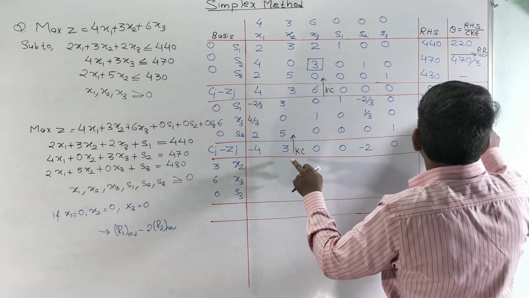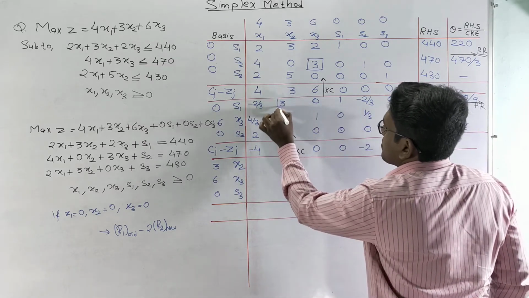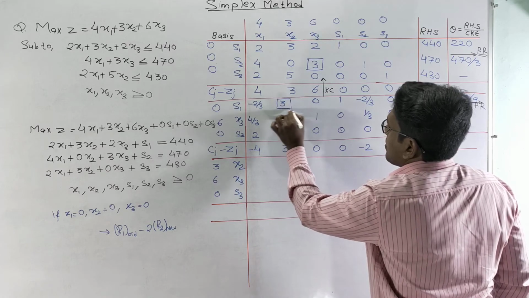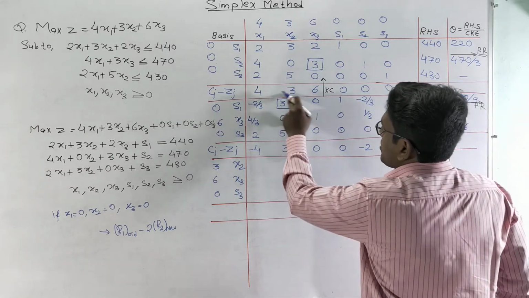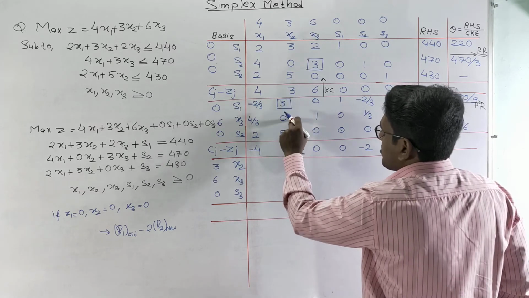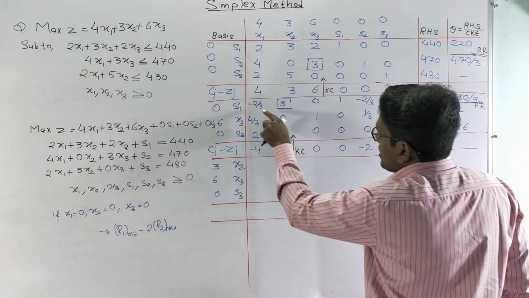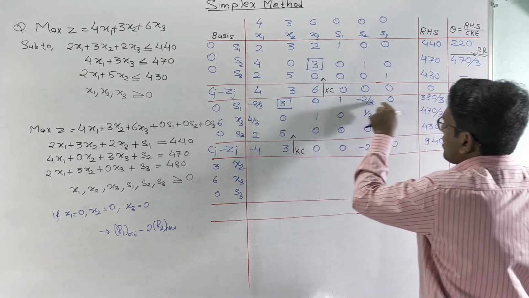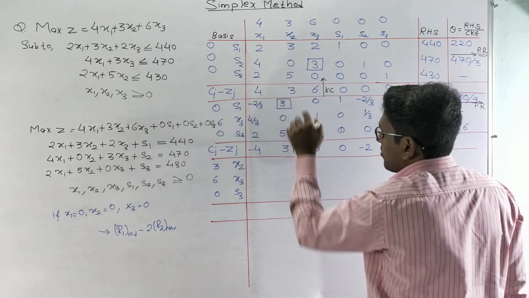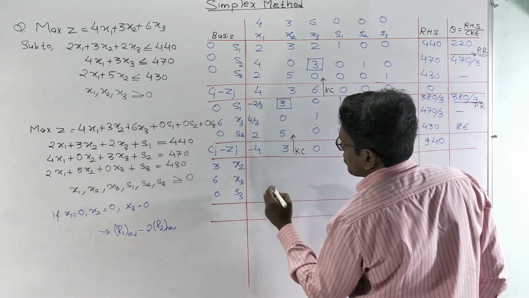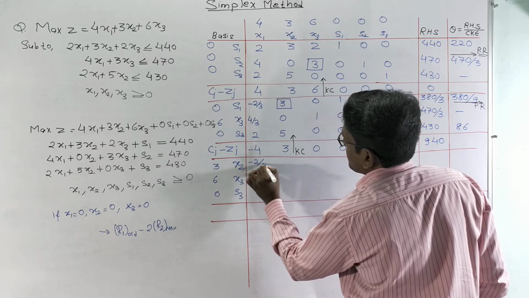Now again what we need to do here is find our pivot element. In this column we can see the intersection of the pivot row and key column is this. We need to make this element 1 and the remaining elements in this column 0. So I will be dividing row 1 by 3, so that I'll get 1 here. Minus 2 by 3 divided by 3 is minus 2 by 9.